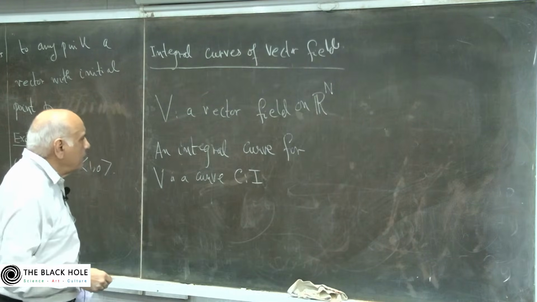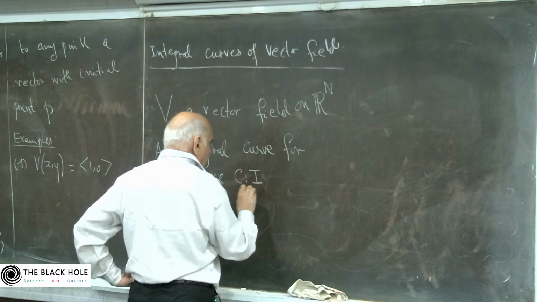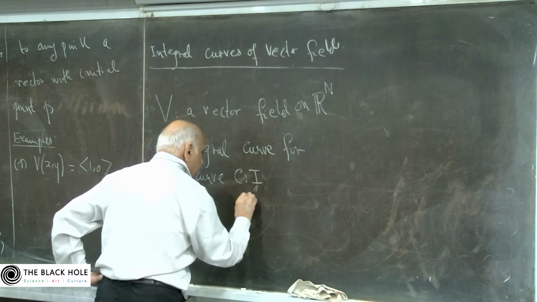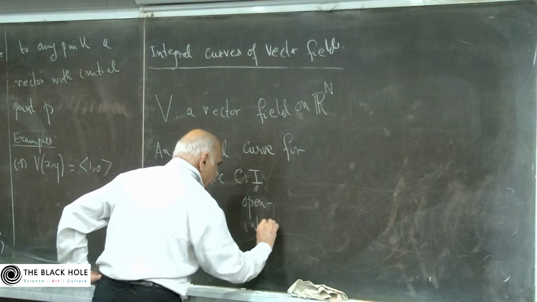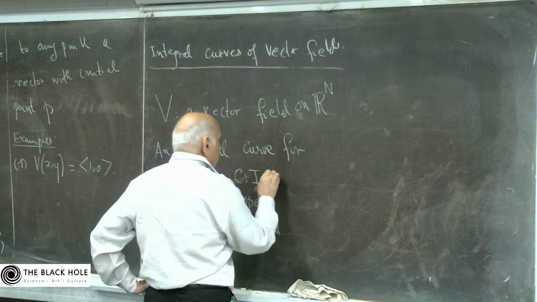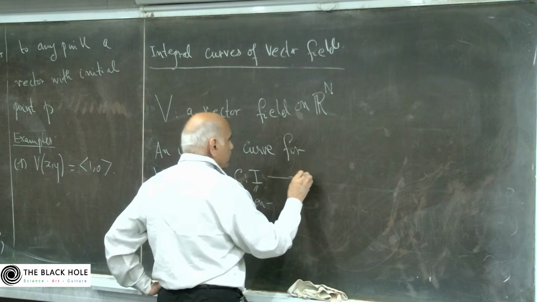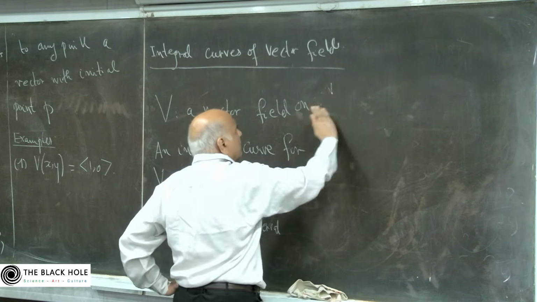So it is a curve C from I, an open interval, into Rn.